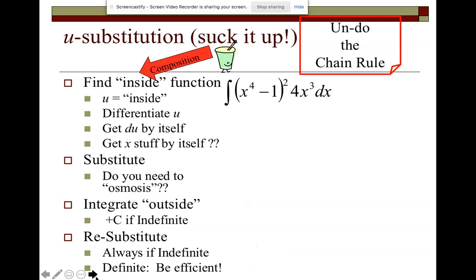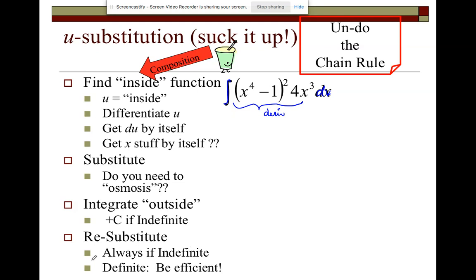So here's an integral where I want you to recognize there's a composition in the integrand. You are anti-differentiating this function. This function is a derivative. Somebody already took a derivative. You need to undo their work. Who is inside?